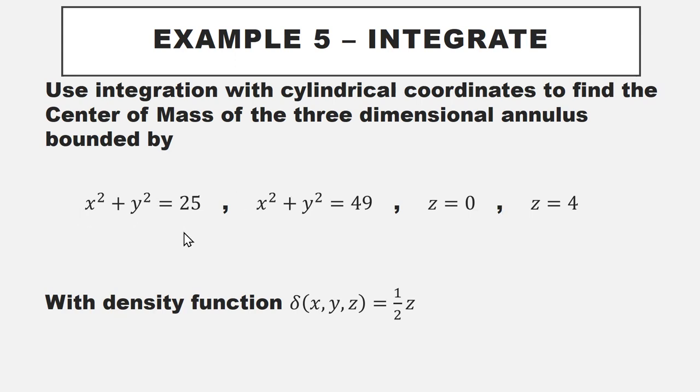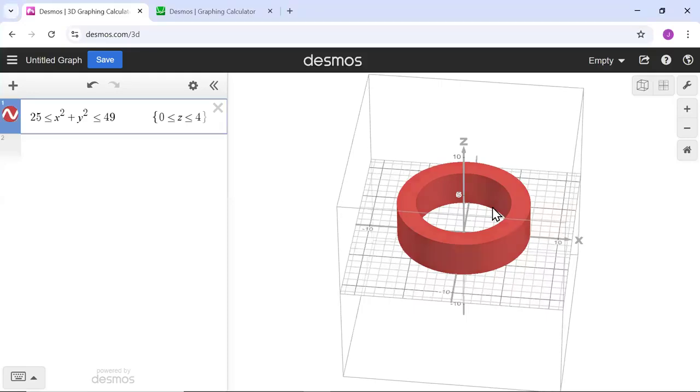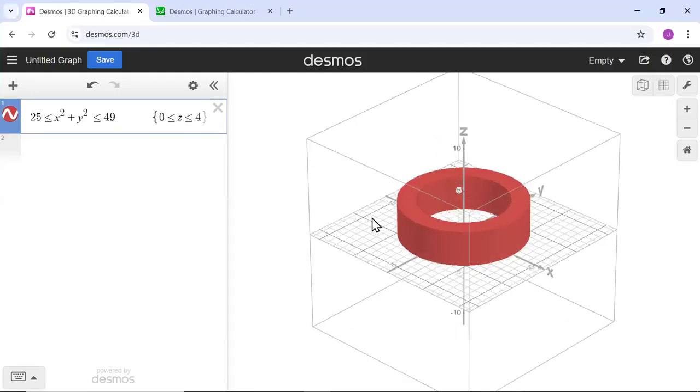So hopefully we can envision this in our mind. I will graph a picture real quick, but hopefully we can envision that in our mind. It's the annulus between circle of radius 5, circle of radius 7, and z values from 0 to 4. So I've graphed that here.